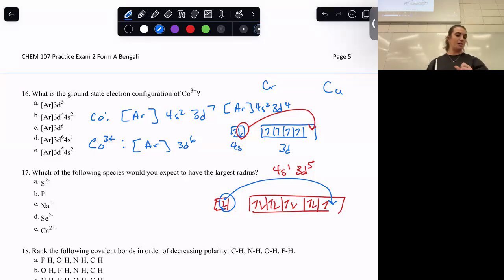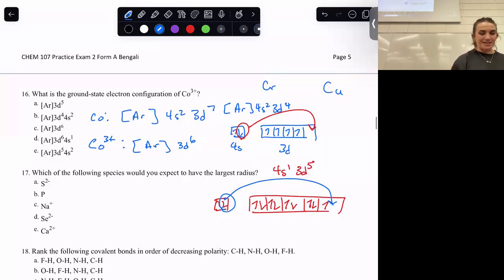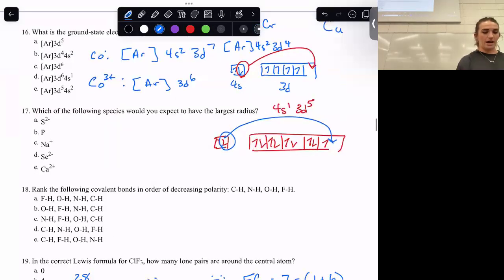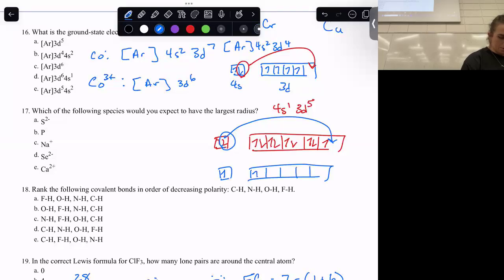Yep. So this is the ground state only for chromium and everything underneath, and only for copper and everything underneath. Yep. So an excited state of this would be something like, right, this is what chromium is going to look like as the ground state.